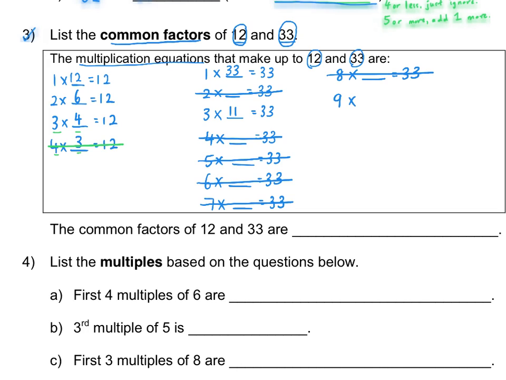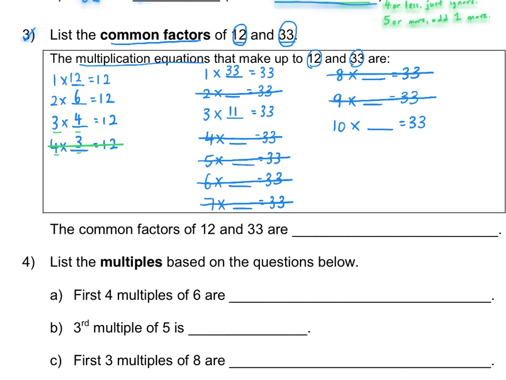Moving on. 9 times what gives 33? 9, 18, 27, 36. So from 27 to 36, is there a 33? There isn't. We cancel. Moving on. 10 times what gives 33? 10, 20, 30, 40.